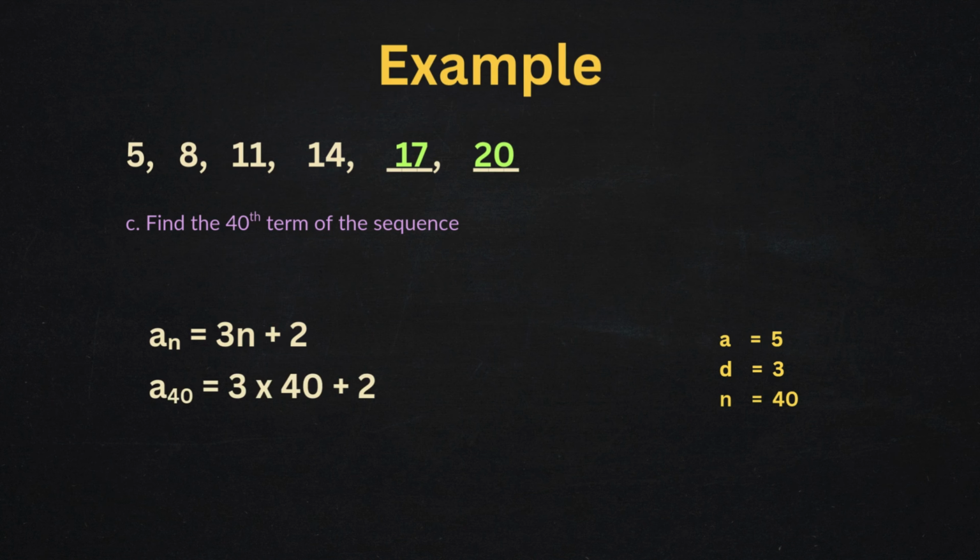Therefore, a40 equals 3 times 40 plus 2, which equals 122. This means that if we go to the 40th term, we will find the value 122 over there. So, n equals 40 means the 40th position, and a40, which equals 122, is the value written at position 40.